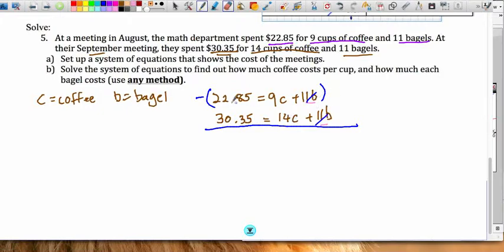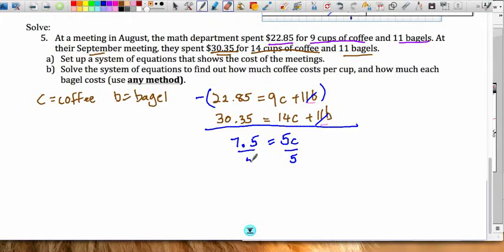14 cups of coffee minus 9 is going to leave me with 5 cups of coffee. $30.35 minus $22.85 is going to leave me with, hopefully if my subtraction is reasonable, $7.50. So $7.50 for 5 coffees.